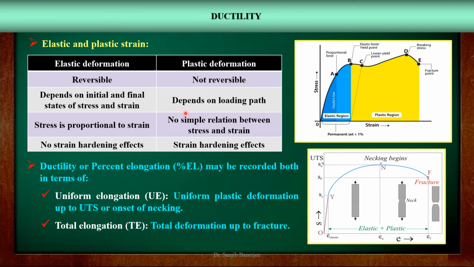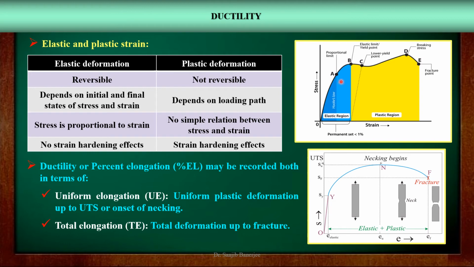Now, regarding this point, we will study about few important facts like hysteresis behavior or Bauschinger effect in some later sections. Next, we see that within the elastic deformation, stress is proportional to strain.